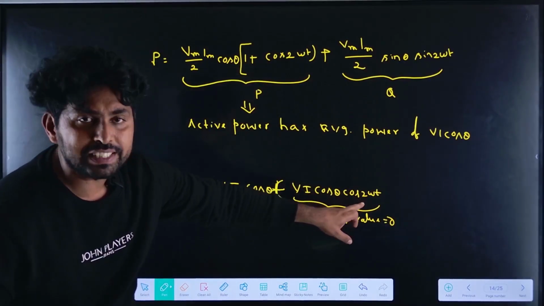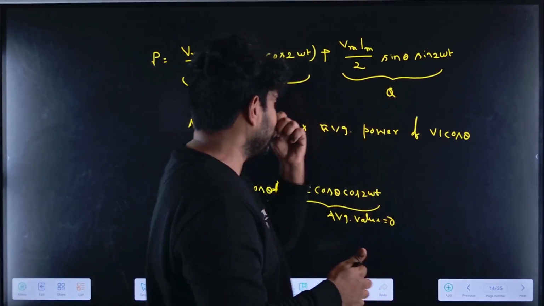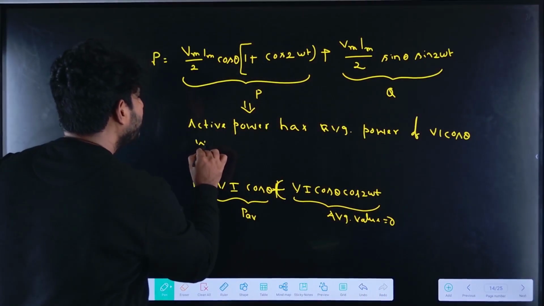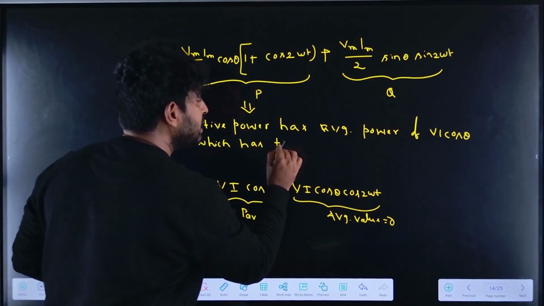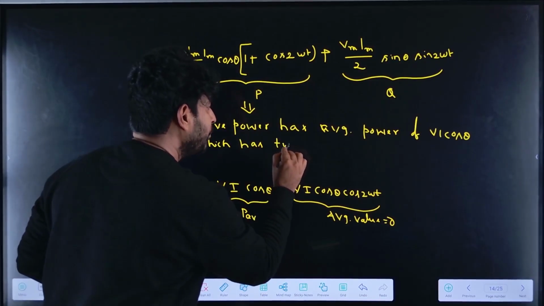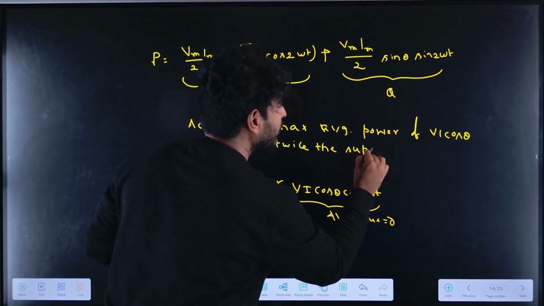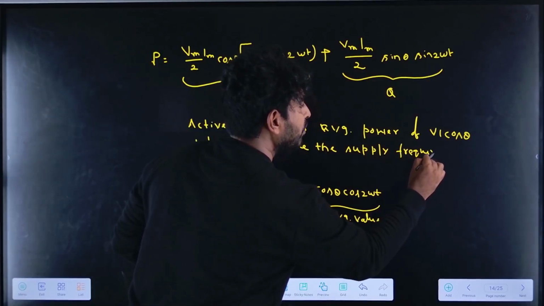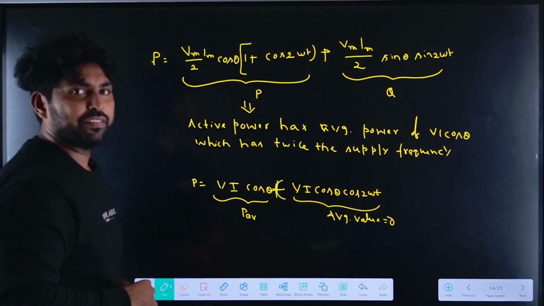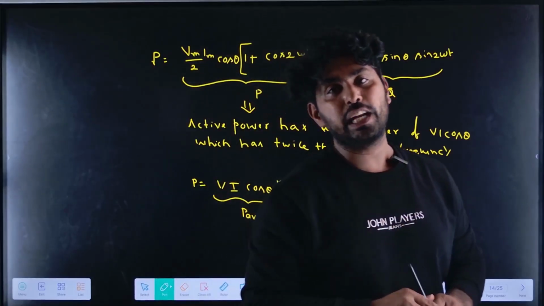Here the frequency is cos 2 omega t, two times the fundamental frequency, that is twice the supply frequency. And it is a unidirectional power.